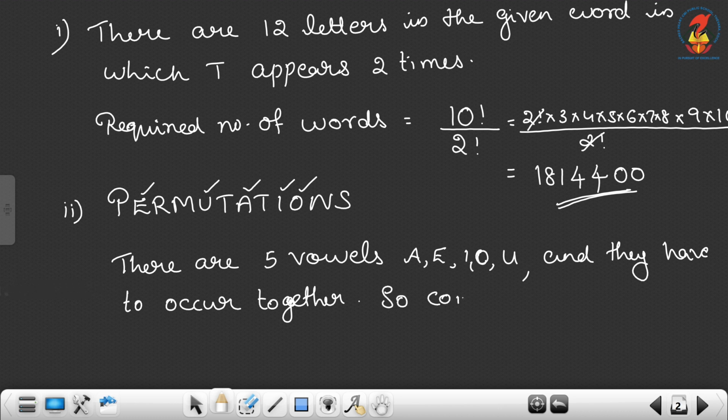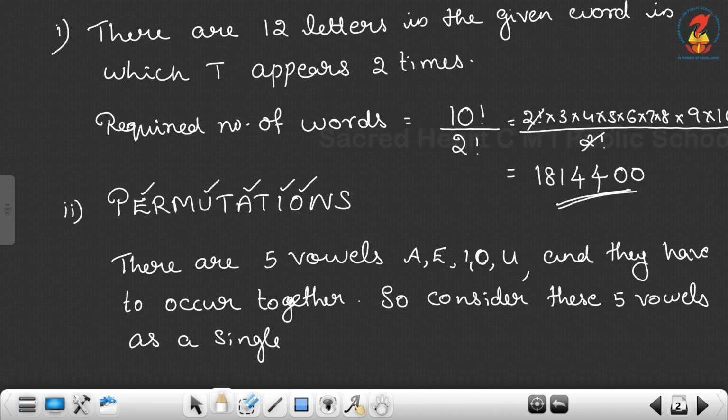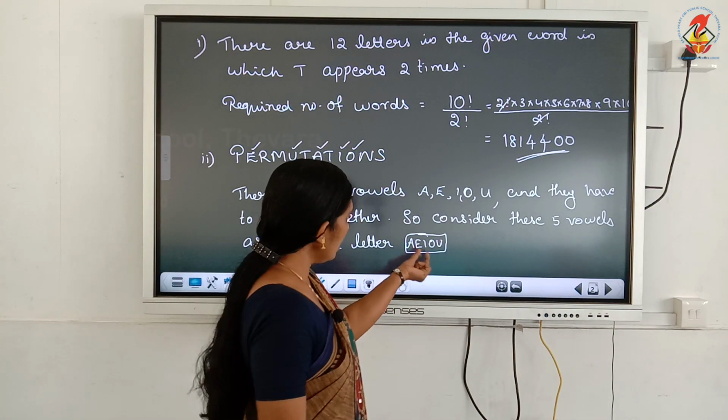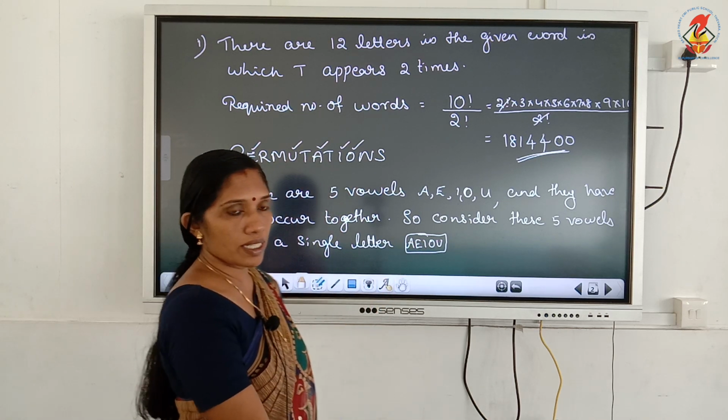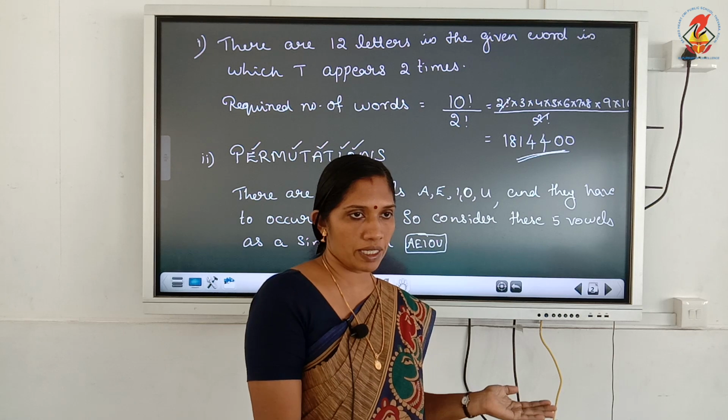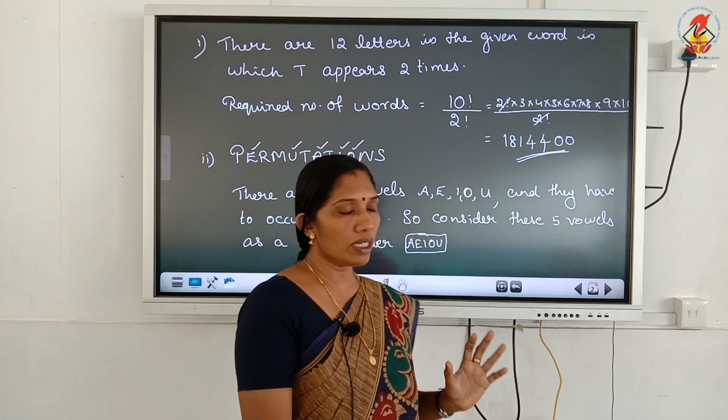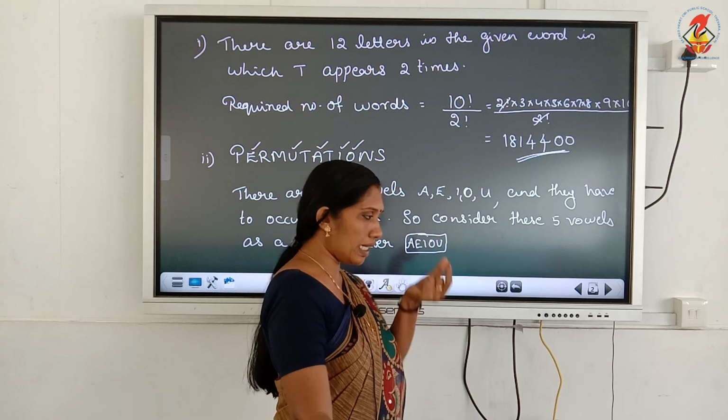So consider these 5 vowels as a single letter. This single letter with the remaining how many letters? Total 12 letters are there. 5 are vowels. So 12 minus 5 is 7. So 7 plus this one single letter.